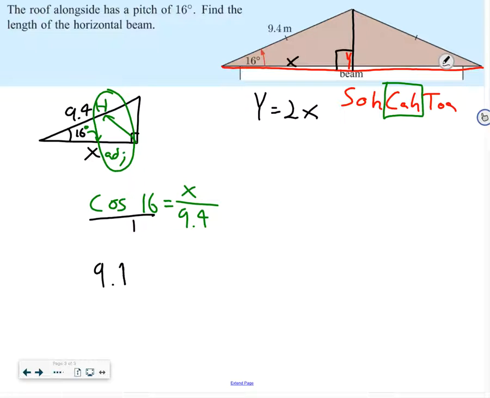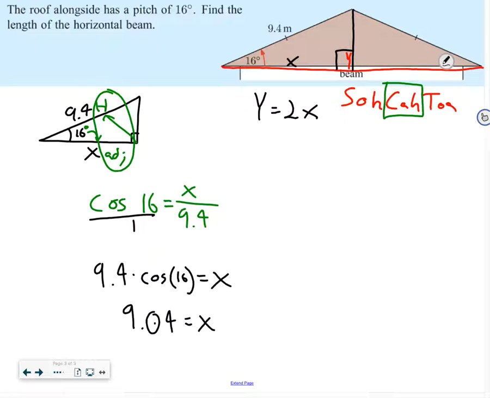I have 9.4 times cosine of 16 degrees is equal to 1 times x, which is x. Using my calculator, I do 9.4 times the cosine of 16. I get 9.04, and again, this is equal to x.